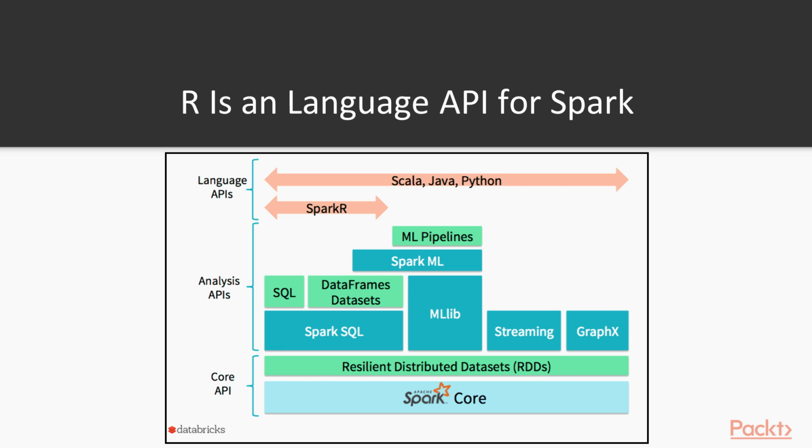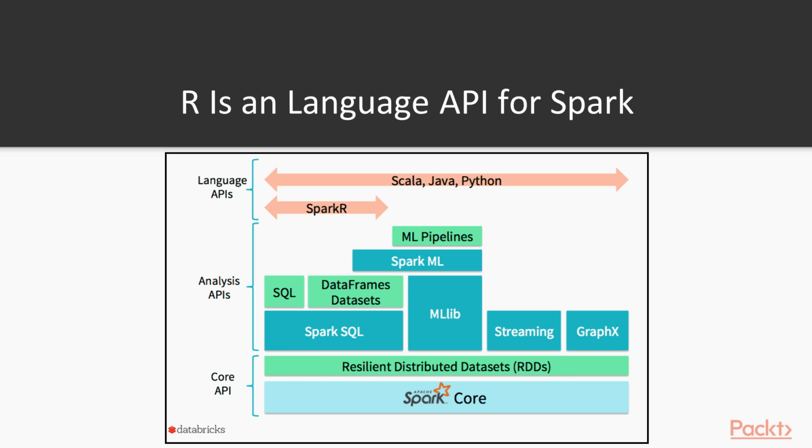So data frames use RDD underneath, datasets as well. On top of RDD, we have the Spark SQL engine that uses SQL and data frames and datasets. Also we have MLlib that has Spark machine learning and machine learning pipelines. And also we have the streaming world with Spark streaming context and graphs with GraphX.